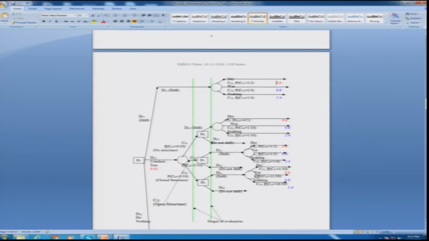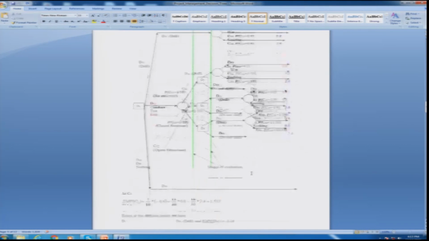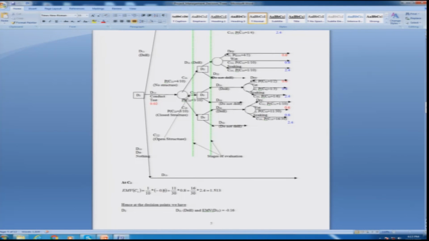Similarly, if I go into this last node, it is minus 0.6 into 1 by 10, where the cursor is, then plus 0.8 into 11 by 30, and 2.4 into 16 by 30.